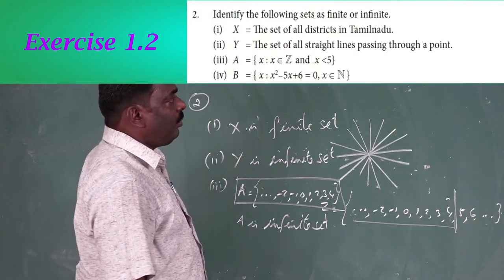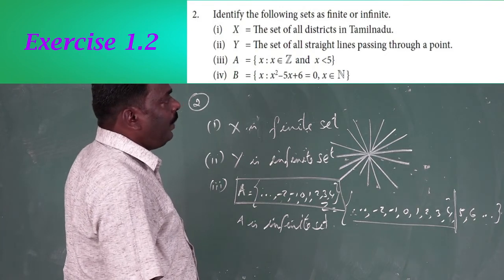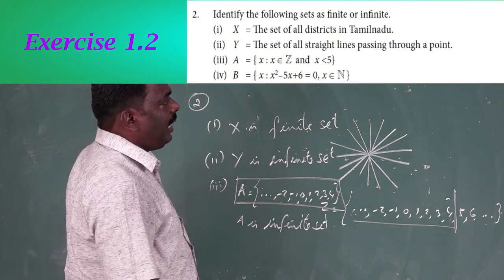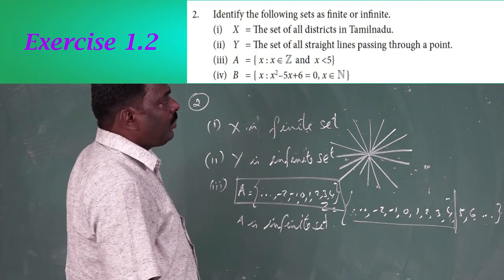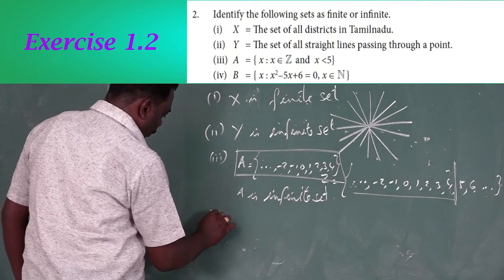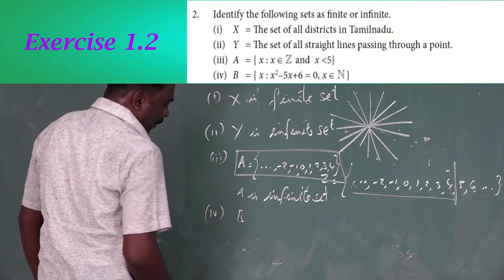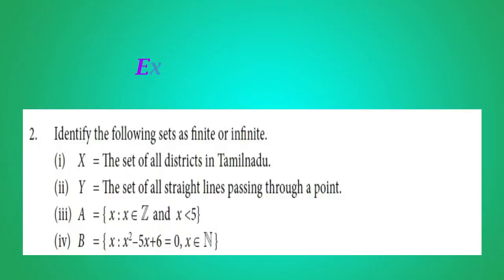Okay, see the next, the fourth subdivision, capital B equals x square minus 5x plus 6 equal to 0, and x belongs to the natural numbers. So the set is defined by capital B, and the equation given is x square minus 5x plus 6 equal to 0, and x belongs to N. Now we want to factorize this equation.